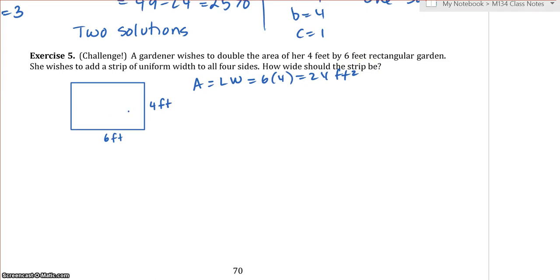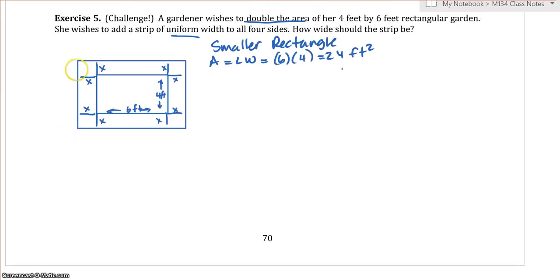Maybe I will erase this here. She wants to double it by adding a strip of uniform width to all sides. So you'll see that we're going to end up with a larger rectangle. So I added x. Notice how I added the same to all 4 sides to make it a larger rectangle. I'm going to use the same formula, area equals length times width, but now she wants to double the area, so that's going to be 48.